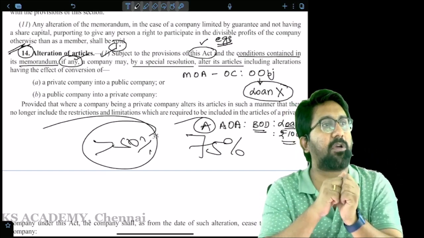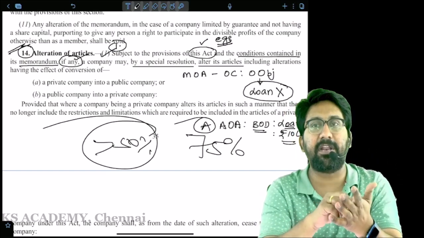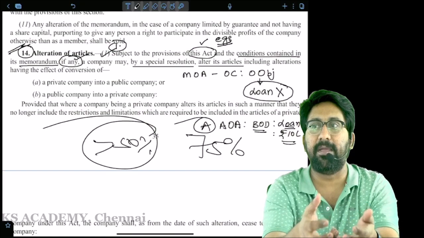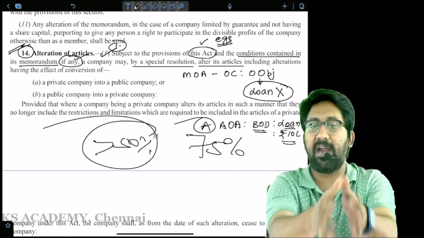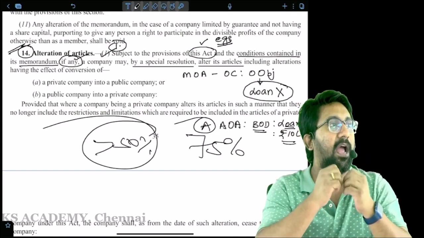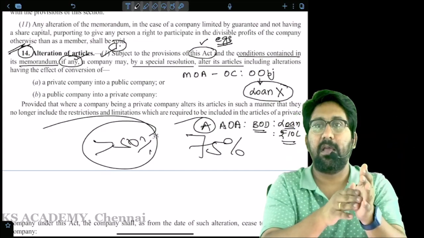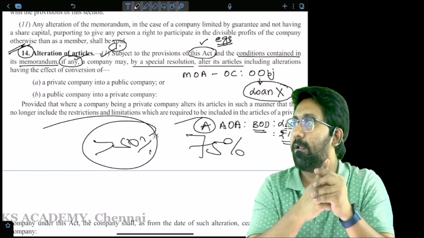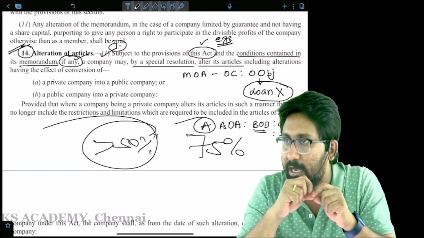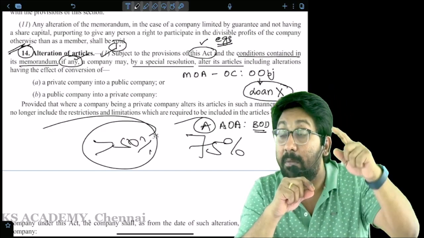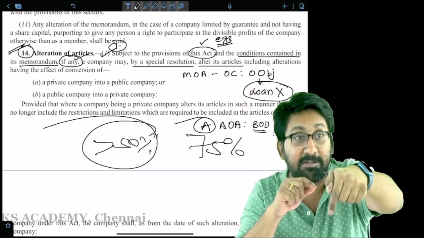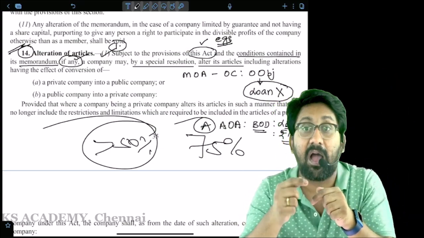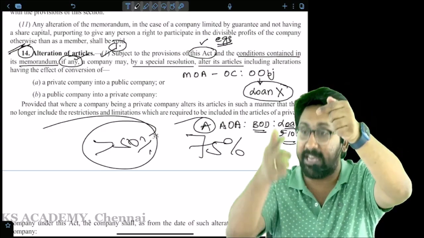Private to public, if you convert, restrictions and limitations will be taken away. I want to convert public to private, limitations and restrictions and prohibitions are added. Now answer. The name will change: Memorandum alteration. Restrictions will be added in the articles: Articles alteration. SR1, SR2.